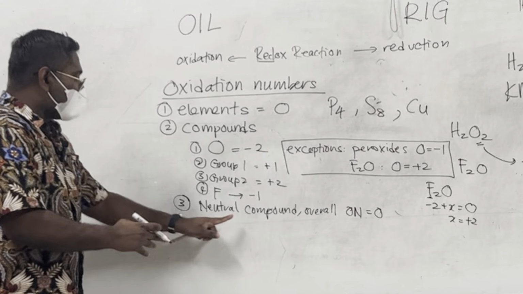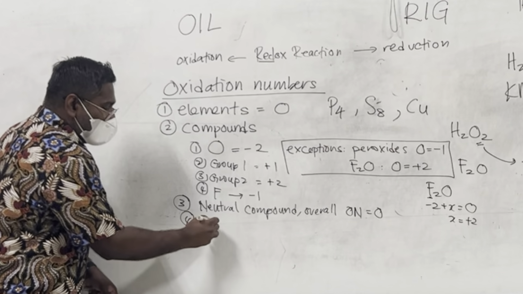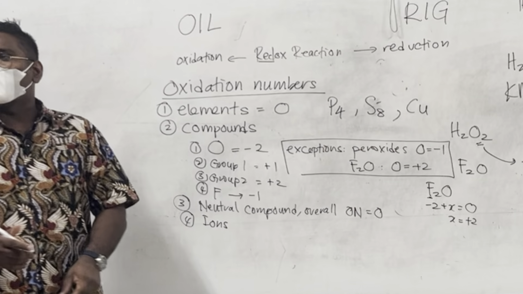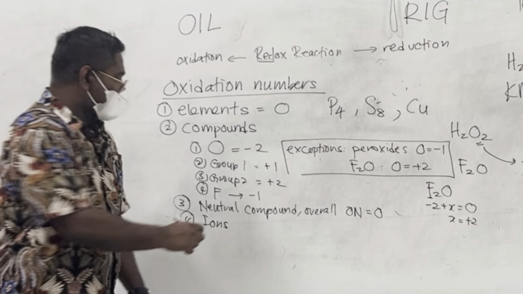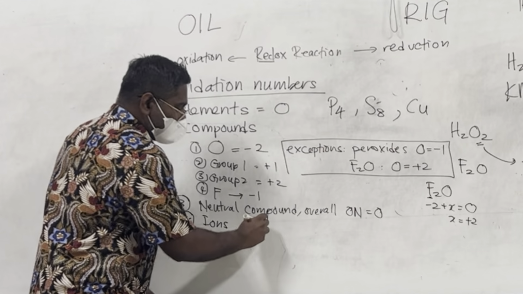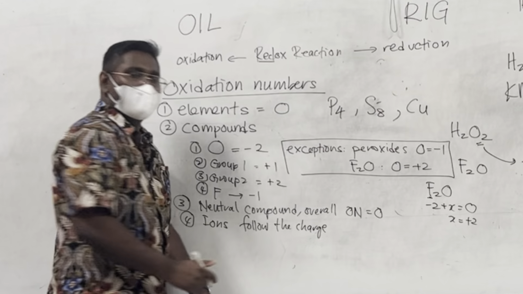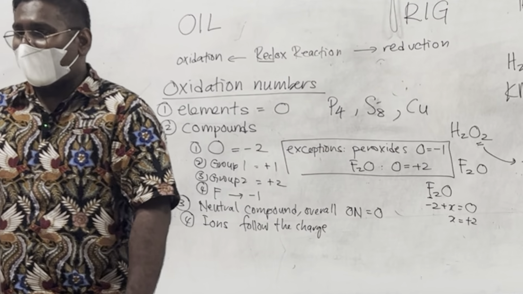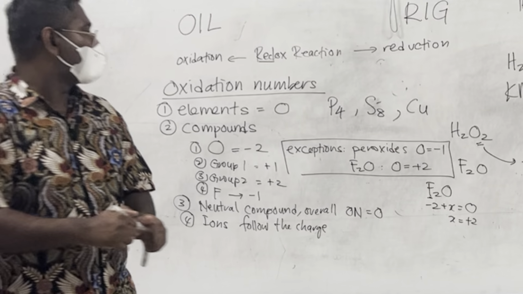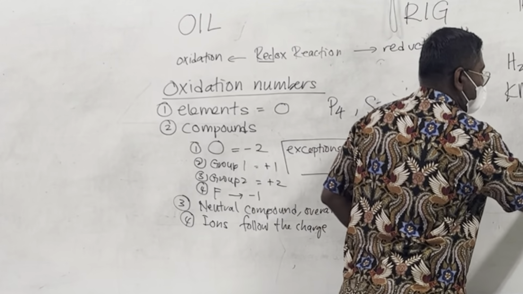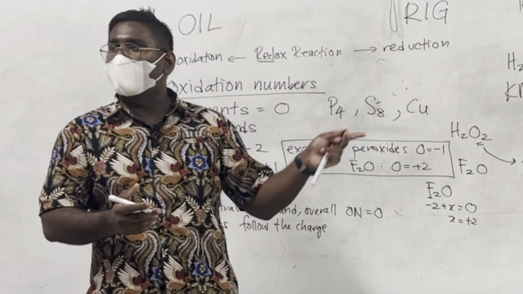Now, number 4, because of this, is going to be easy to remember. Number 4, ions. Ions will always follow the charge. Let it be a positive ion or a negative ion, they will follow the charge. Example, if you have Cu2+, what is the oxidation number?